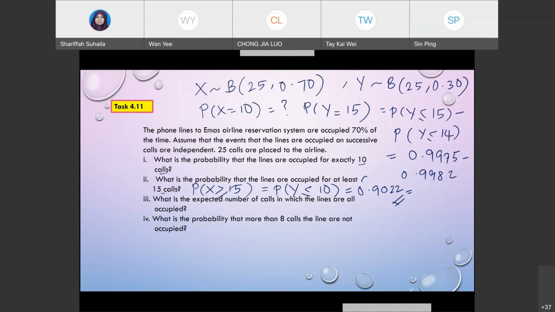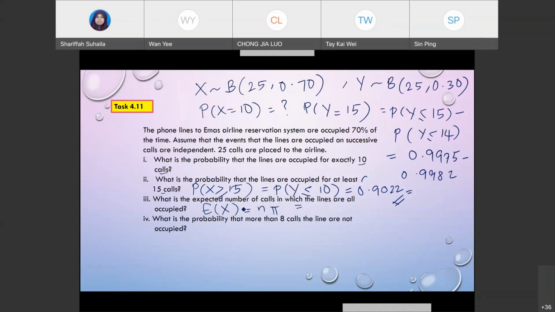So use your property for the binomial. You already have the property for expected value. So your EX is equal to n times pi. This is the formula.